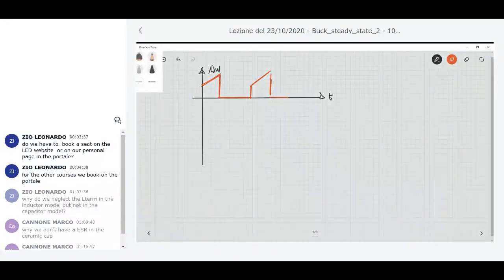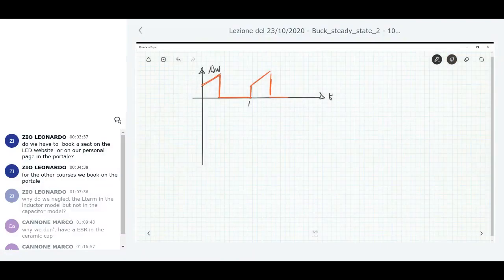This is the switch current. It is on here, and this is I minimum, I maximum, the same values as the inductor current, of course.